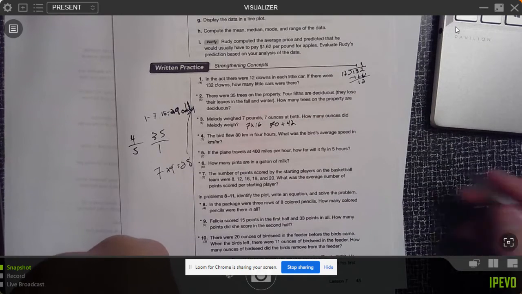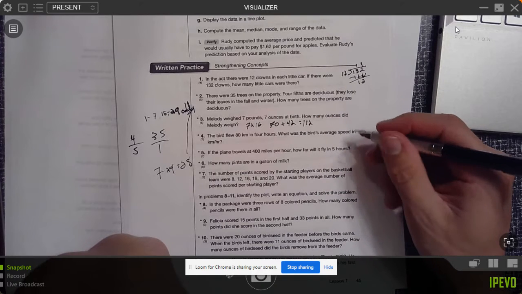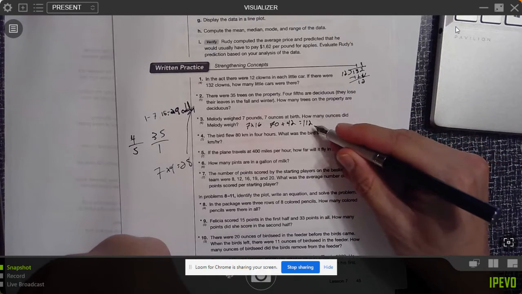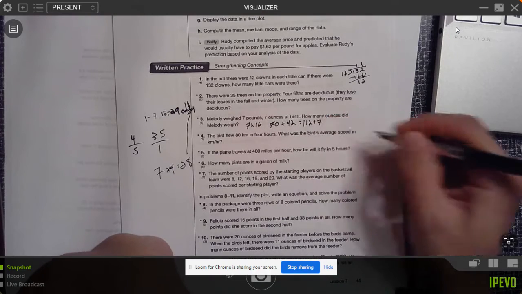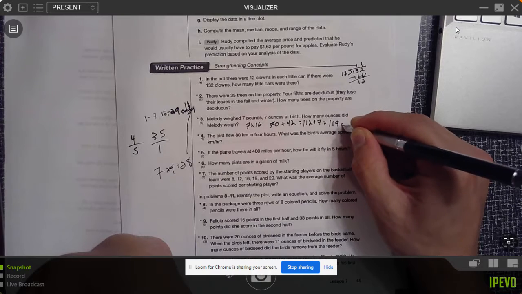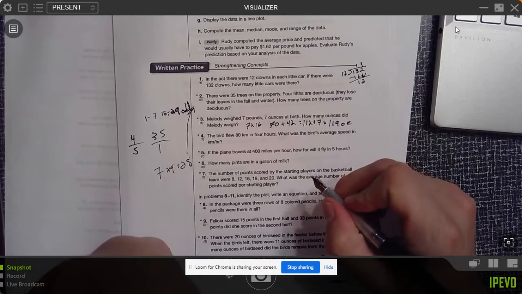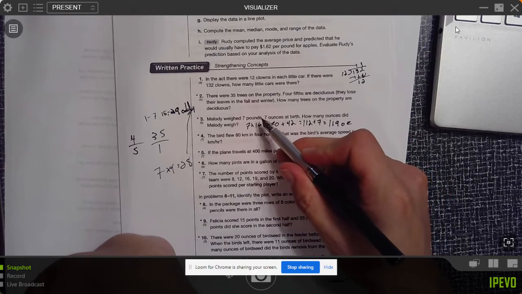So 70 plus 42, which equals 112. Okay, so 112 ounces is just the 7 pounds. We still need to add the extra 7, which gives us 119 ounces total, because the 112 ounces is just that 7 pounds.